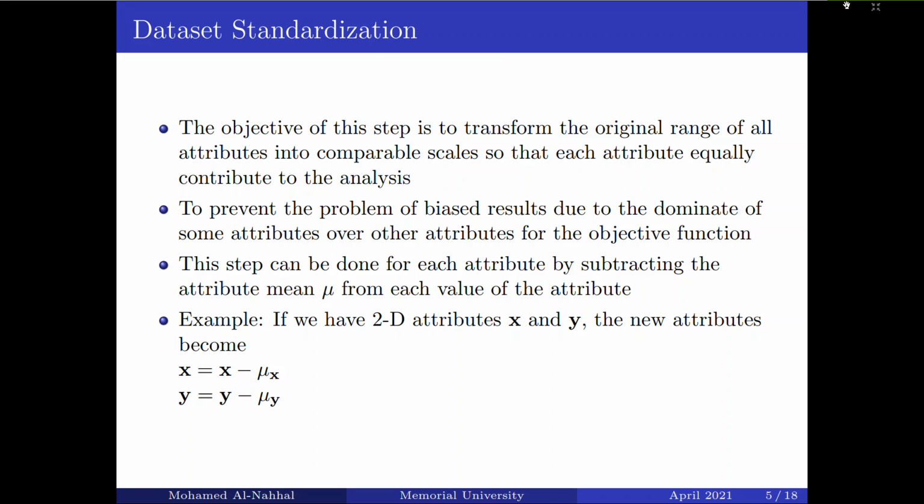This step can be done for each attribute by subtracting the attribute's mean from each value of the attribute. For example, if we have two-dimensional attributes x and y, the new attributes become x equals x minus the mean of x, y equals y minus the mean of y.